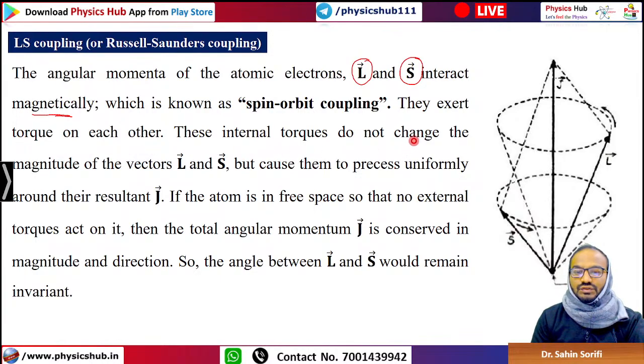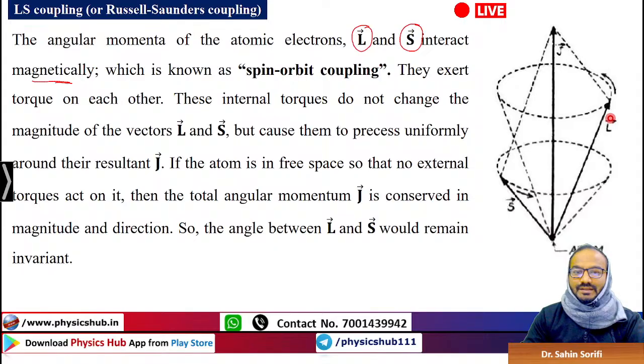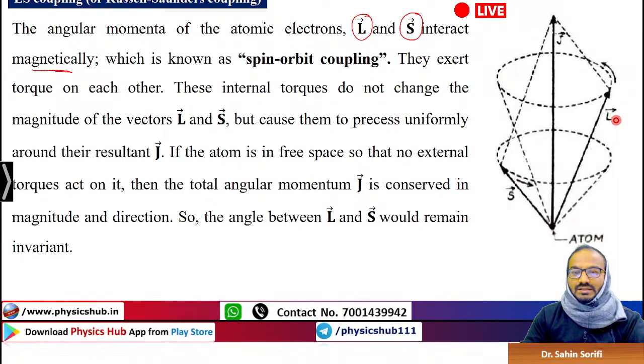These internal torques do not change the magnitude of the vectors L and S, but cause them to precess uniformly around the resultant J. You can see S is precessing about J. L is also precessing about J, their resultant, because they are internally connected as they exert torque on each other.